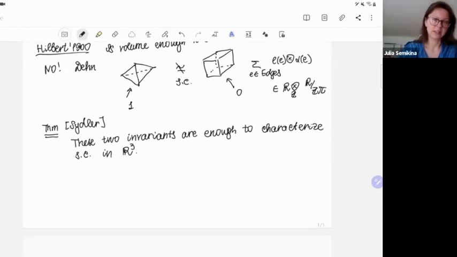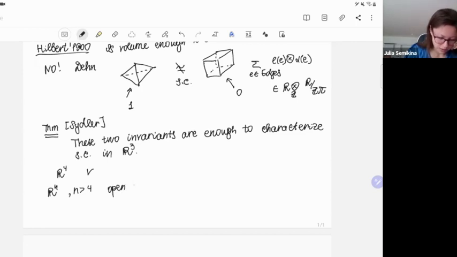And the question is, are volume and this set of Dehn invariants enough to characterize Caesar congruence in R^n? And so for R^4, the answer is yes. So there is an analogous theorem to Sidler's theorem in R^4, but for R^n greater than 4, it is open. So it's not clear whether this set of invariants is enough.